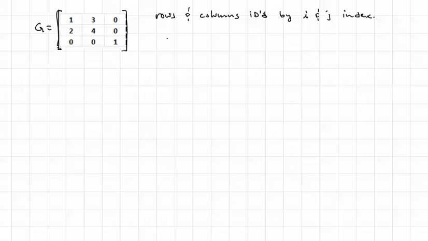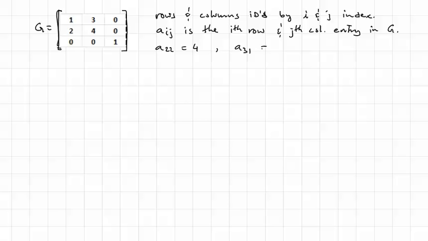Okay, so we'll say that a sub ij is the ith row and jth column entry in G. So for instance, A22 is equal to 4 right here, and A31 is equal to 0, this one right here.